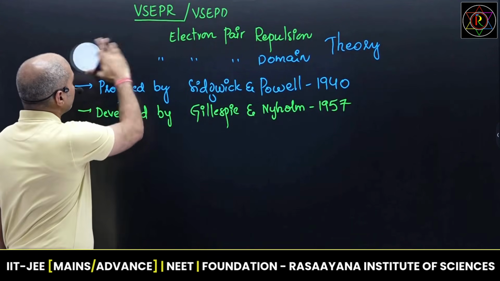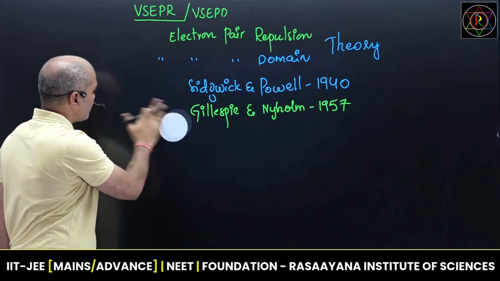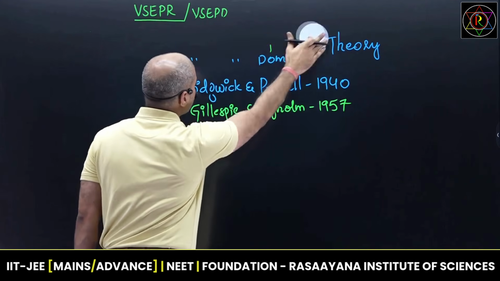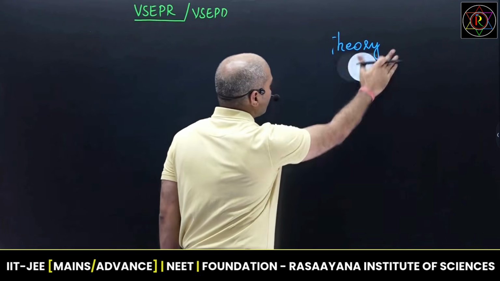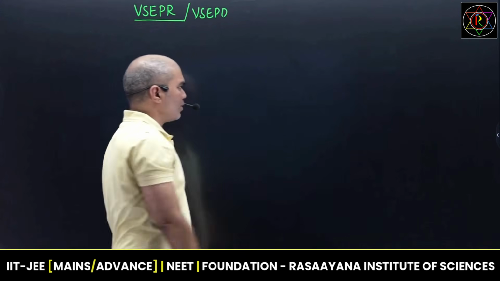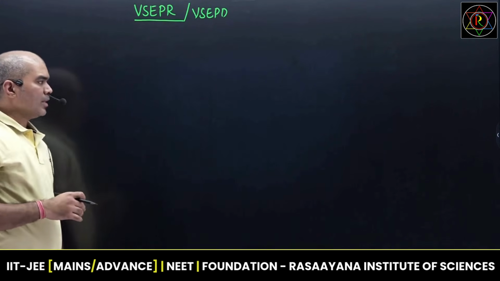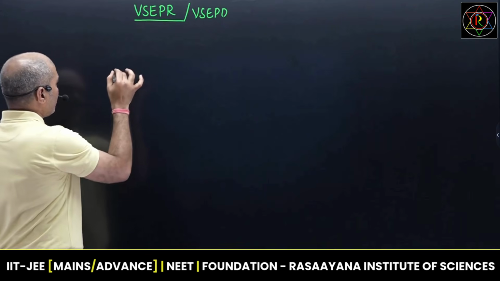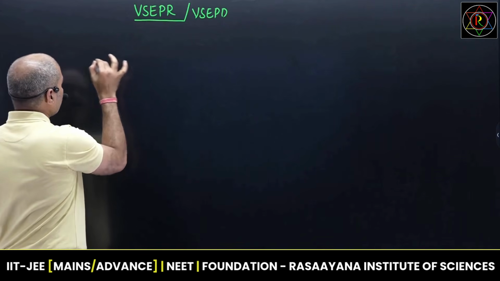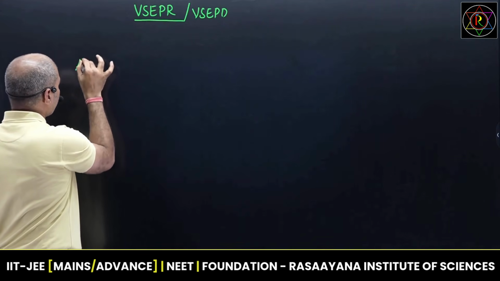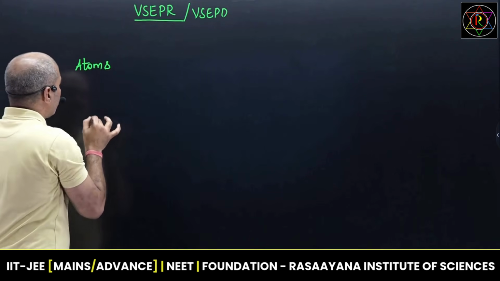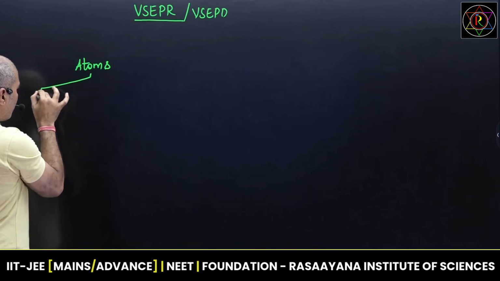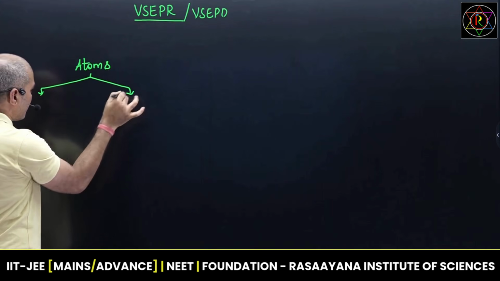For convenience, to understand this valence shell electron pair repulsion theory, as I told you, it will give you the geometries of various main group compounds. So let me classify whatever atoms are present in a given compound. These atoms I am classifying into 2 types.